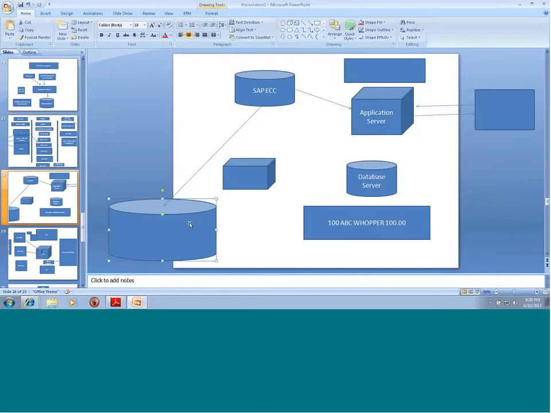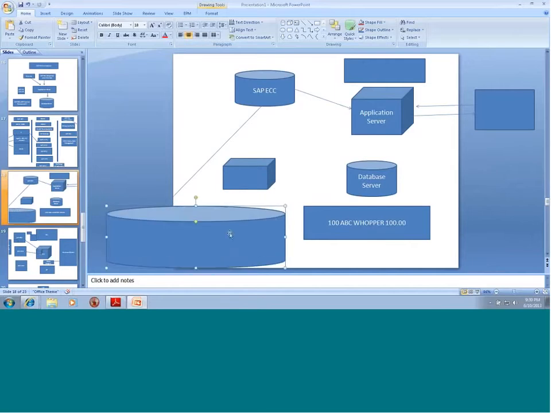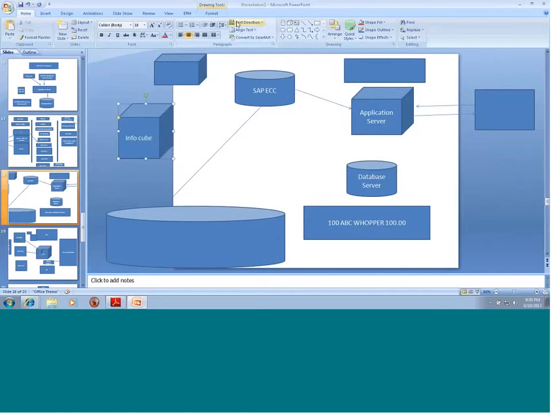Now talking about SAP HANA and BW. The idea is SAP HANA is just a database, right? But it's given a lot of additional functionality that mirrors a BW system. So if you look at it, when we talk about a BW system, we create different objects, called info cube.